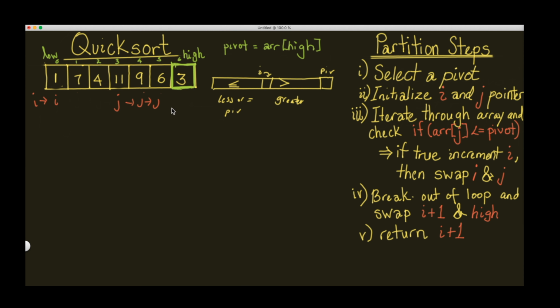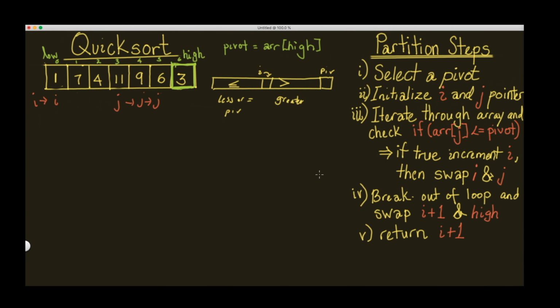We're iterating up until the n-1 position where the 6 is, or the high minus 1, sorry. So we're iterating up until the 6, all right? Or the element right before the high.